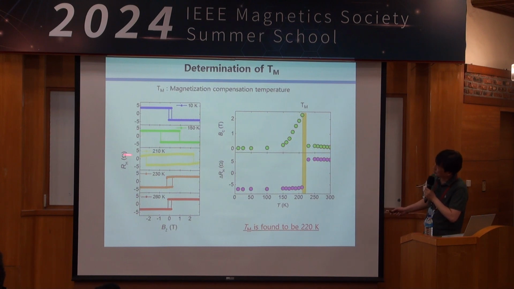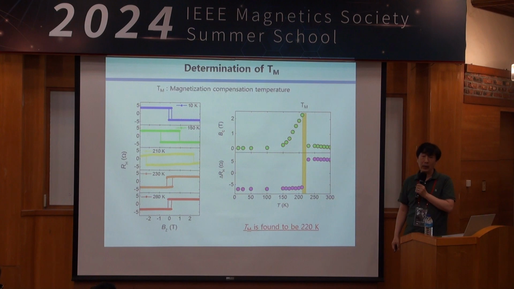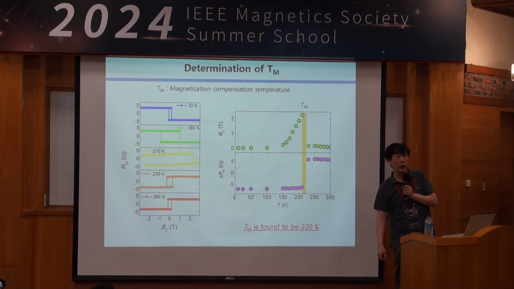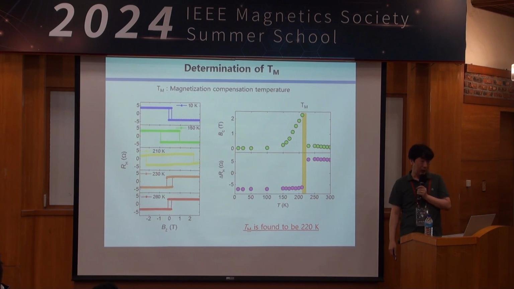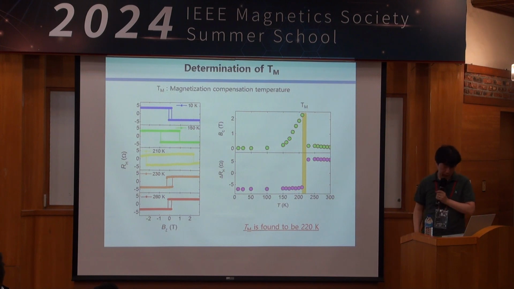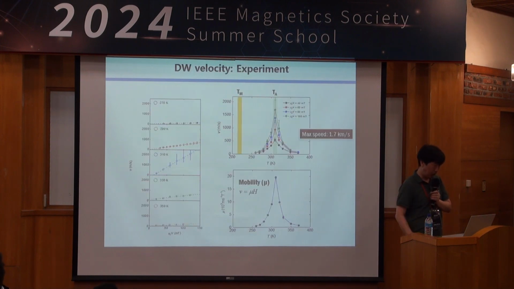Actually, this corresponds to the Tm because here the magnetic moment is very small, meaning that you need a very, very large field to switch your magnetization. So here, coercivity is flat. It goes up here and then decreases. So this temperature is the magnetization compensation temperature of this sample, which is around 220 K.